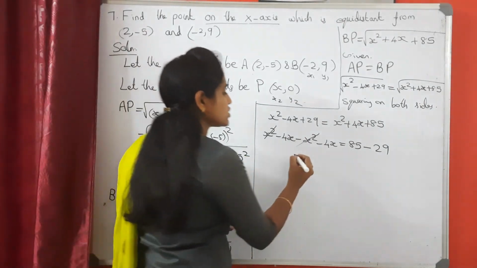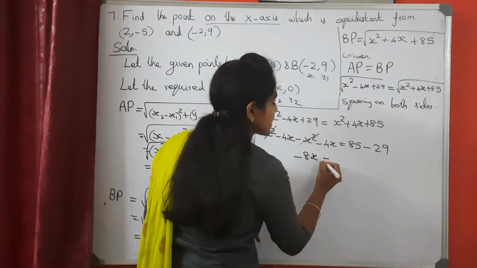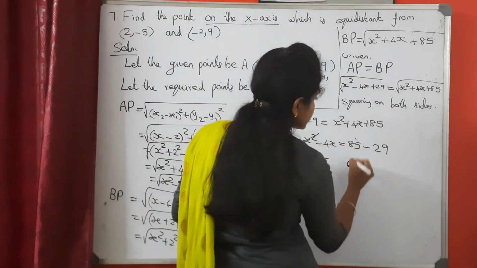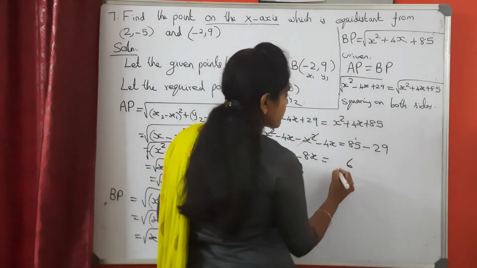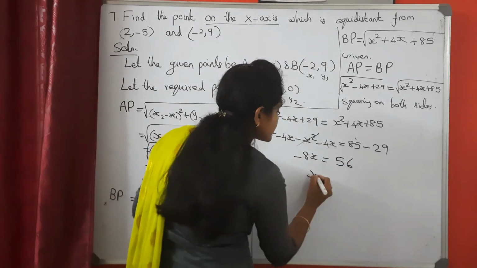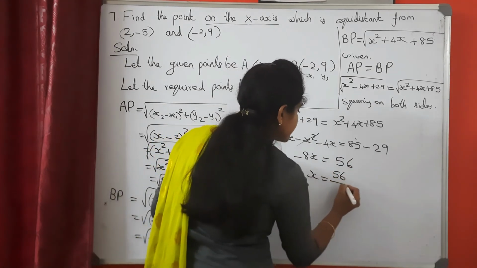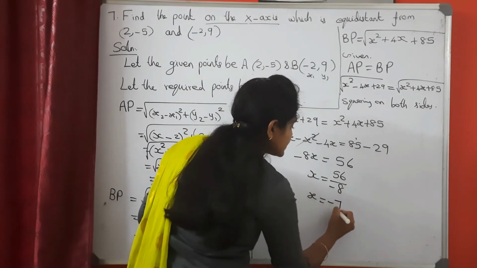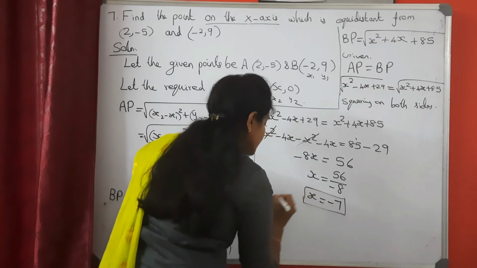Minus 4x minus 4x is minus 8x. Minus 8x equals 56. So x equals 56 divided by minus 8. So x equals minus 7.